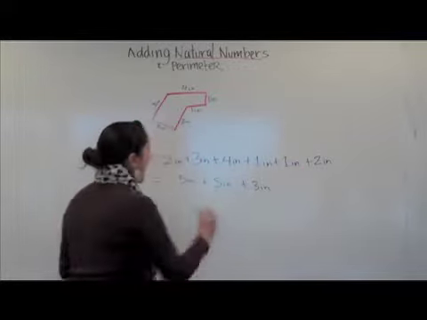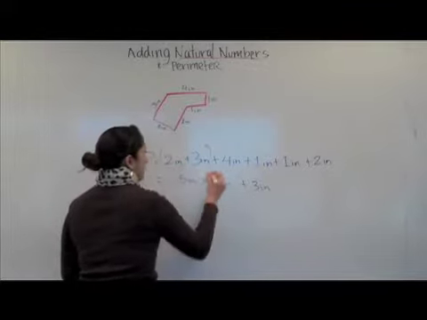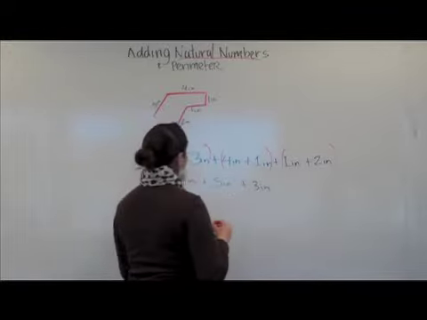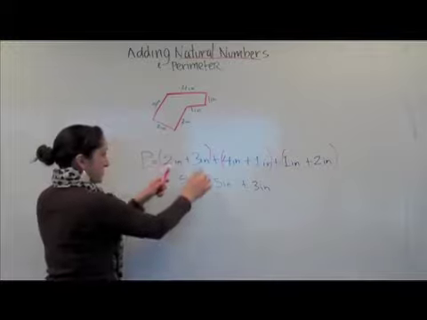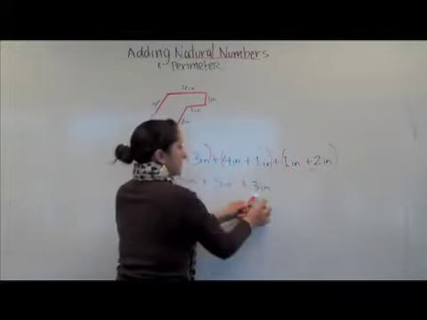So what did I do? I decided to group it in this form. I did these two numbers to get this number, these two numbers to get this number, and these last two numbers to get this number.